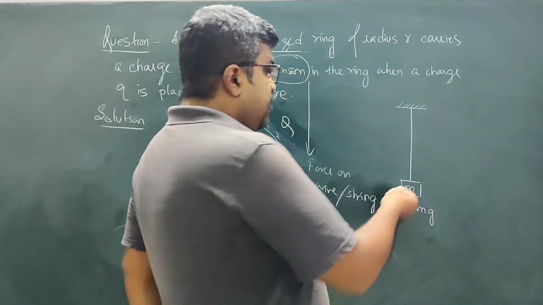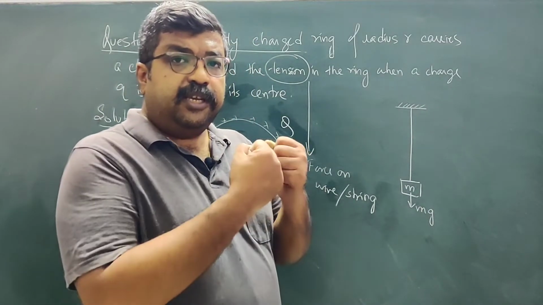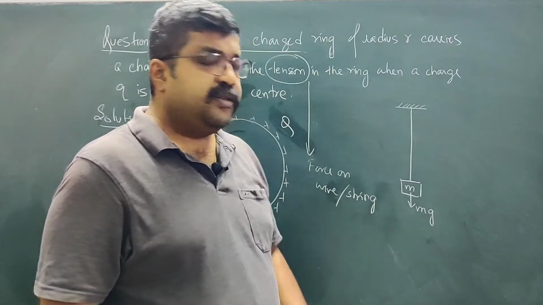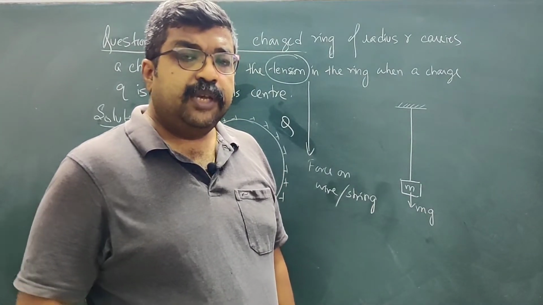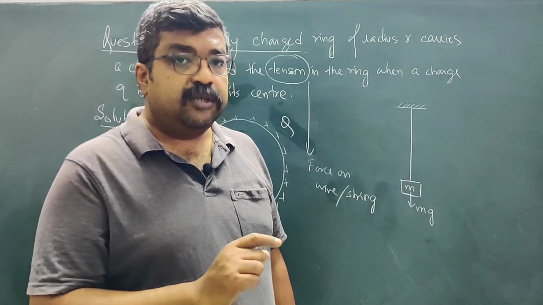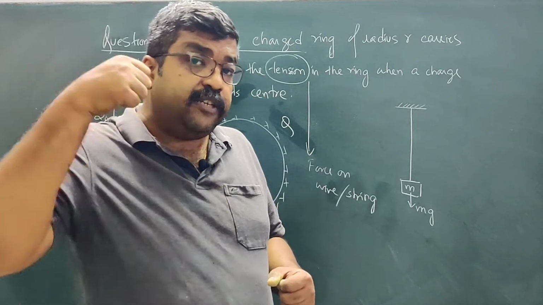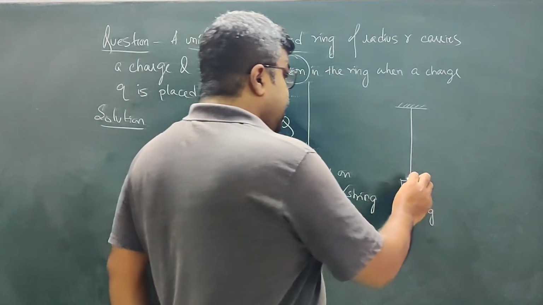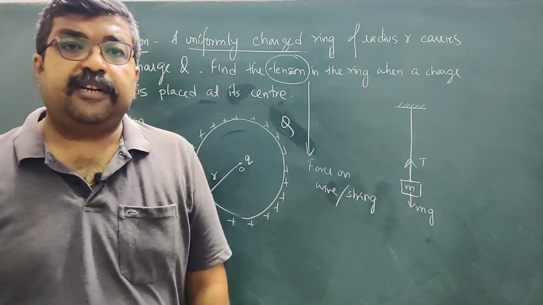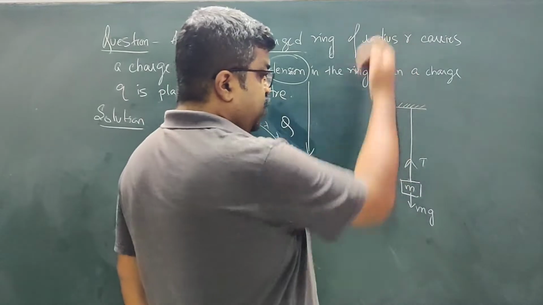The string will also experience a force in the downward direction because of this weight. By virtue of the third law of motion, it will also exert a force in the upward direction as a reaction force. That reaction force is called tension. This tension will act in the upward direction.